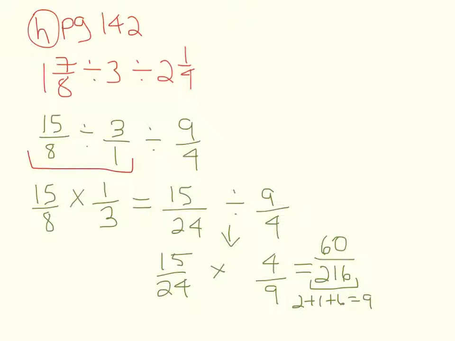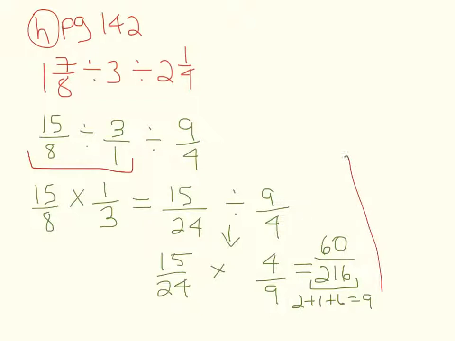So because the sum of the individual numbers equals 9, we know that 216 is divisible by 3. And 60 is also divisible by 3. I hope that is a little bit more apparent to you, as 6 goes into 3 2 times, and we just bring down the 0.